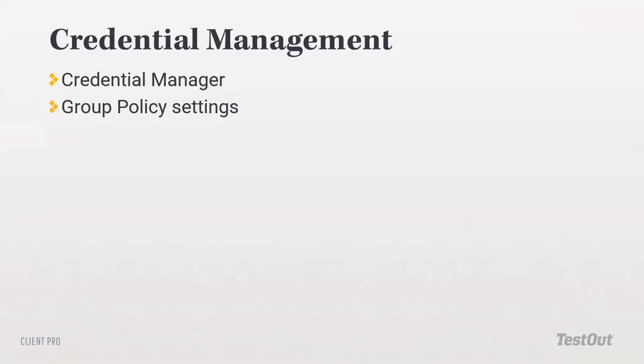So we talked about Credential Manager and how it saves those credentials and makes them available for us as needed to hopefully keep us from having to type in a bunch of different passwords so that we can then, as efficiently as possible, but as protected as possible, get access to different resources, whether or not they are part of our domain. And some of these settings that we talked about, such as account lockout duration, technically are group policy settings.